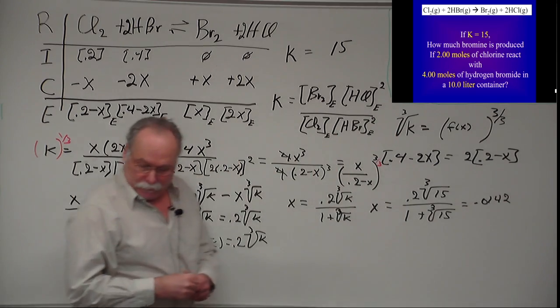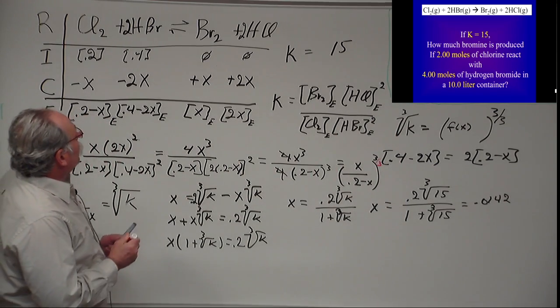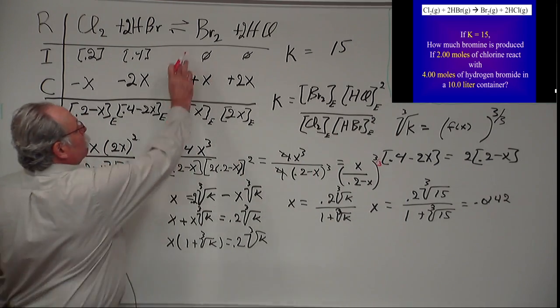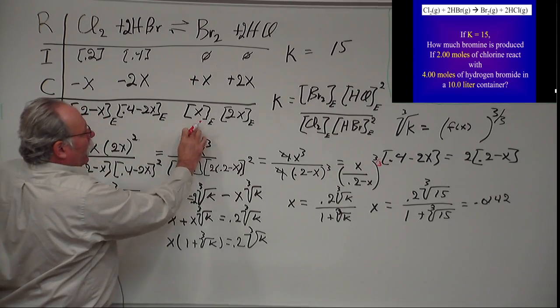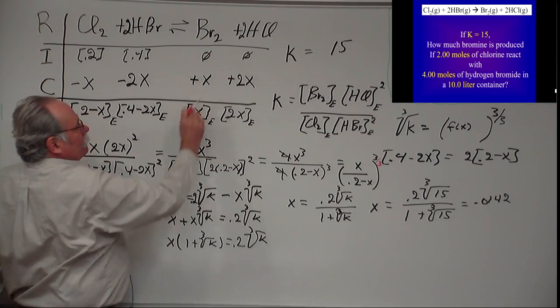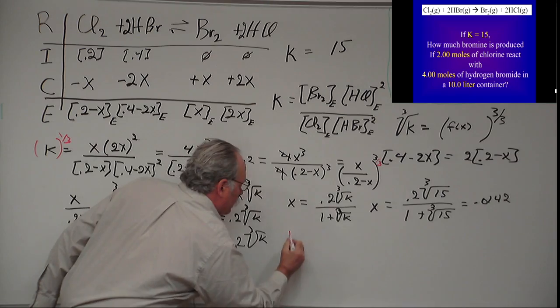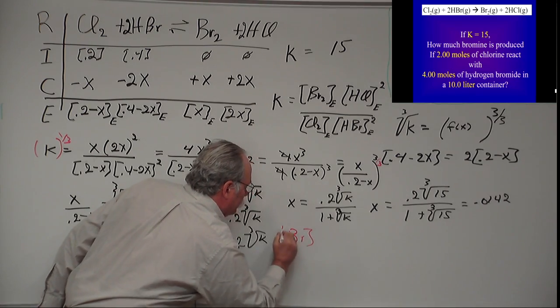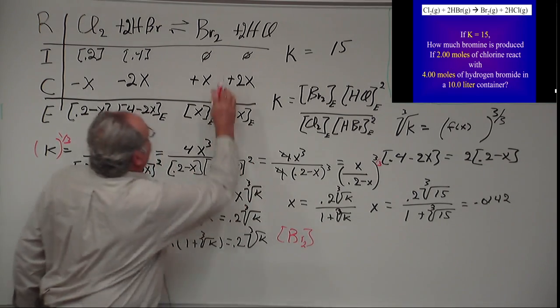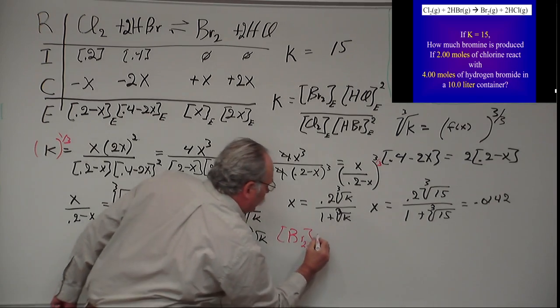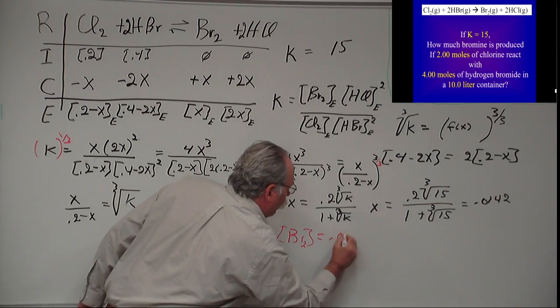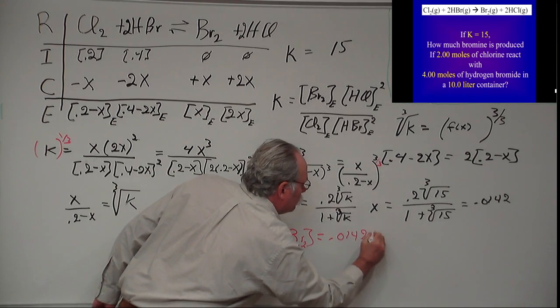I get out my calculator, and I have 0.0142. Now the question was how much bromine is present, and the amount of bromine at equilibrium is x, so the concentration of Br2, because it's diatomic, is equal to 0.0142 molar.